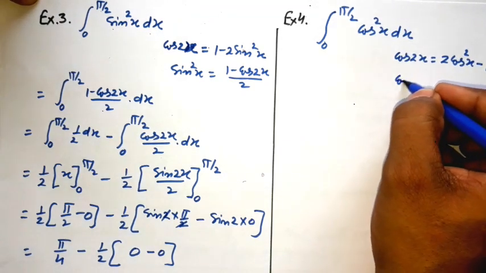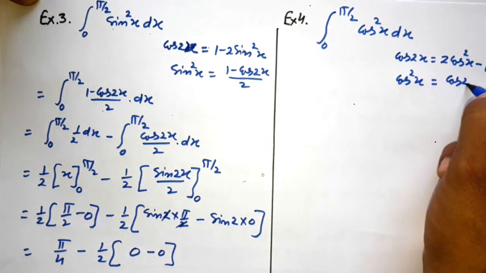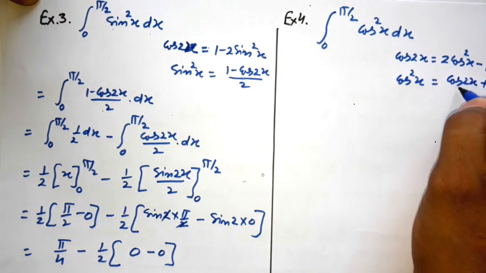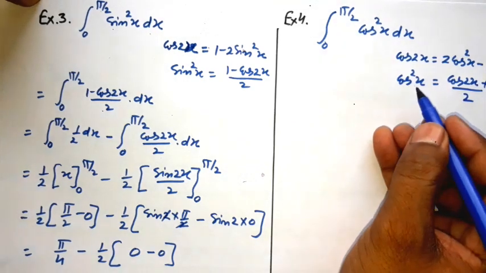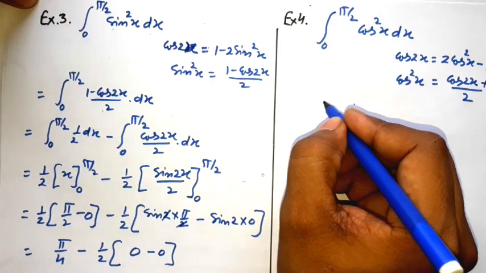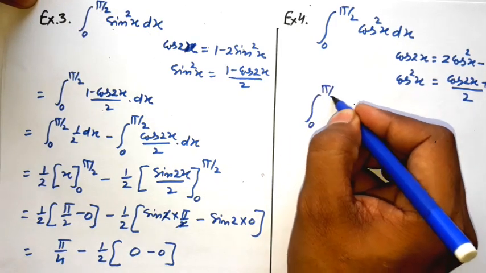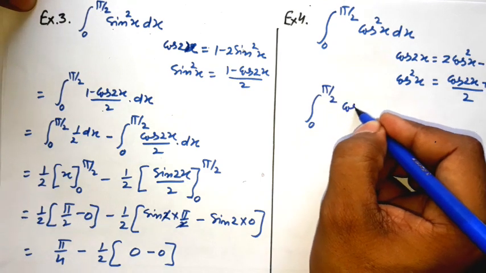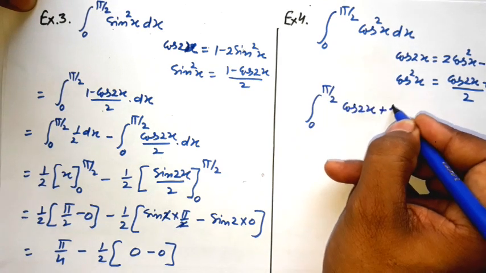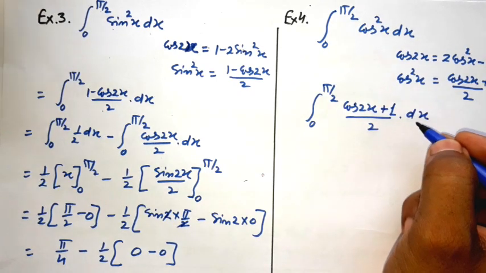Then the value of cos square x will be (cos 2x + 1) upon 2. Now we will put this value of cos square x in the above equation, so this will be integration from 0 to pi by 2 of (cos 2x + 1) upon 2 into dx.